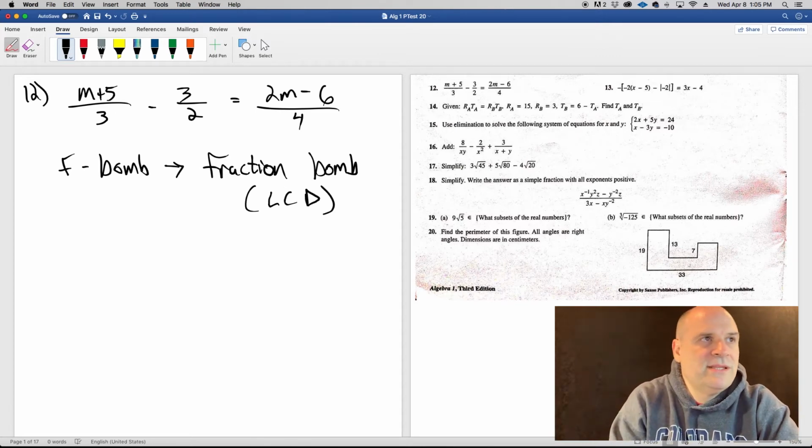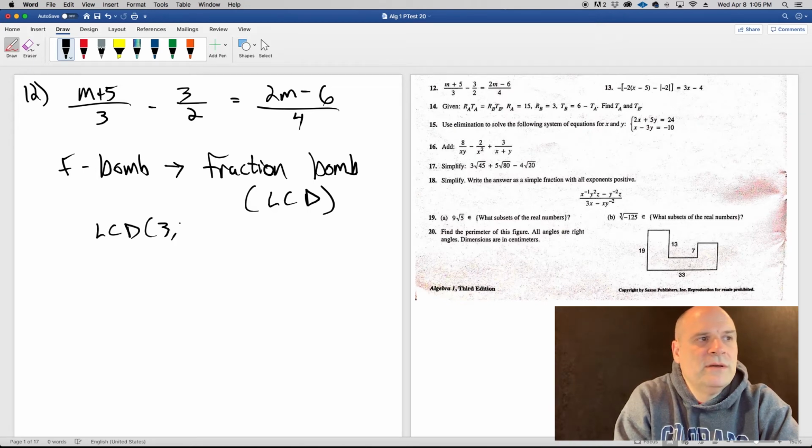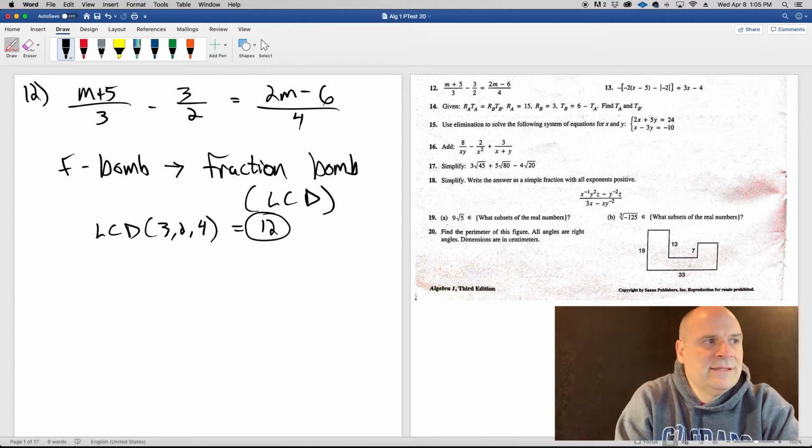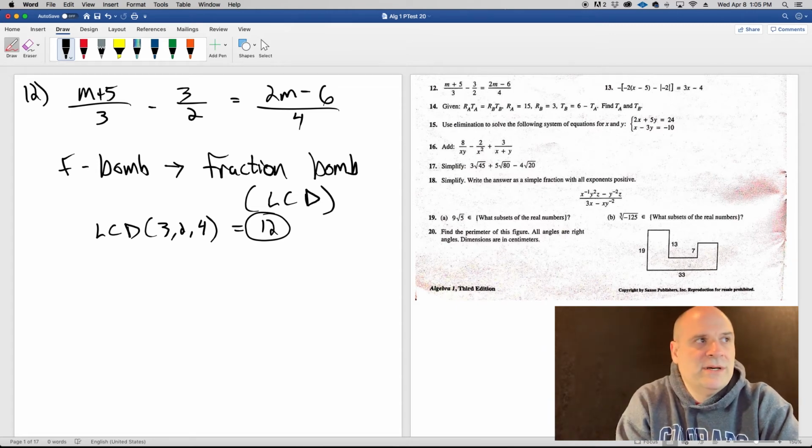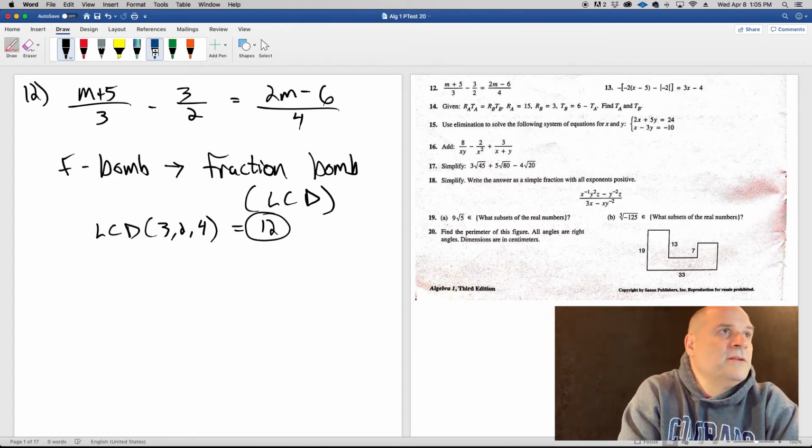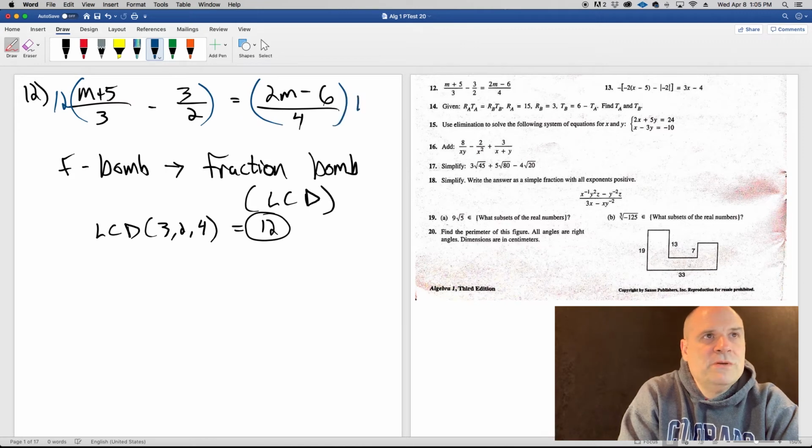All right? So what's the least common denominator of 3, 2, and 4? Well, the least common denominator is what they all go into. So that is 12. So I'm going to multiply everything by this fraction bomb. I'm gonna multiply both sides of this equation by 12. And you're gonna see what happens. It's beautiful.